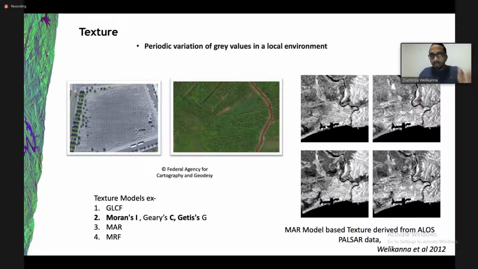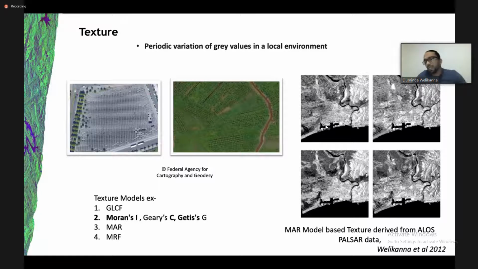You can convert the original satellite image, or the real satellite image, into a texture image depending on your need. In that case, you have to use advanced texture properties. For instance, you can use gray level co-occurrence matrix, Moran's-I, multiplicative autoregressive random fields or Markov random fields.